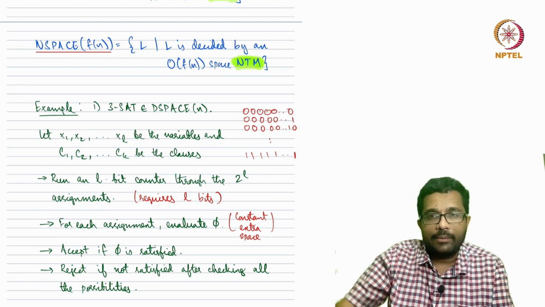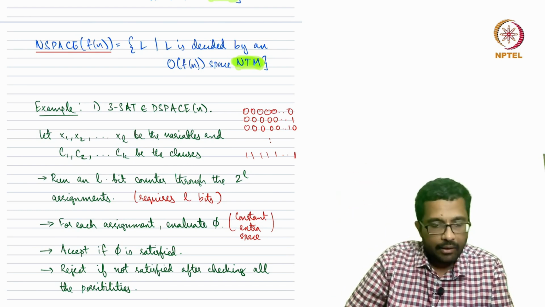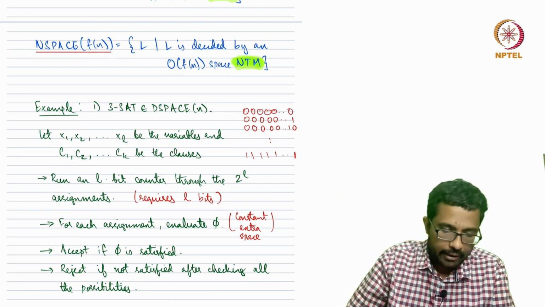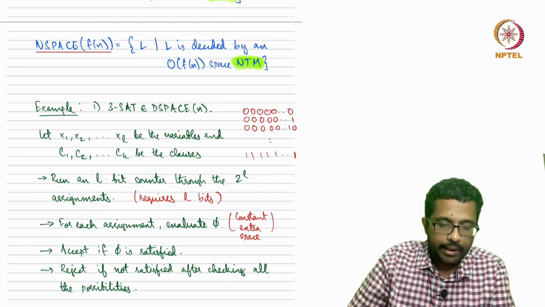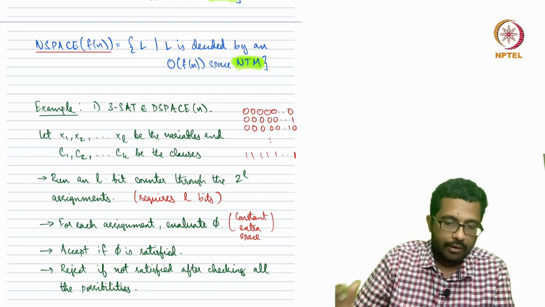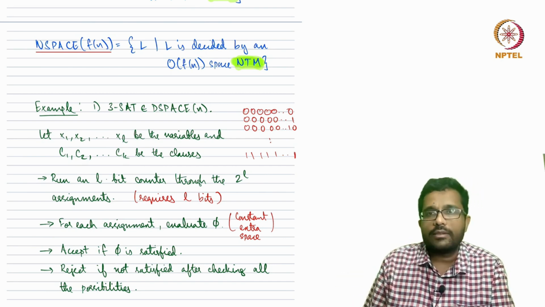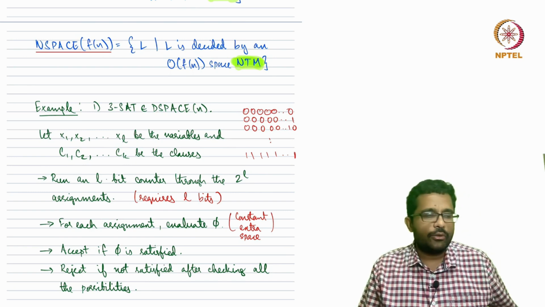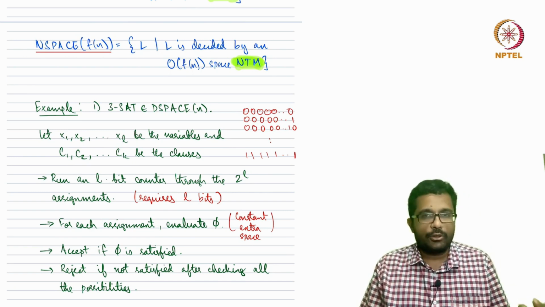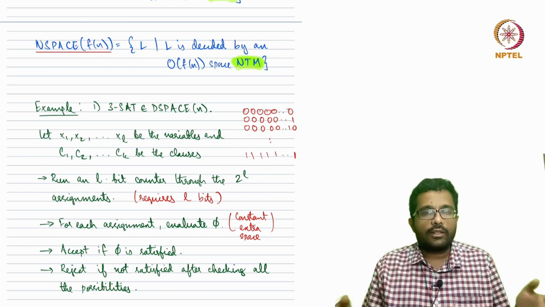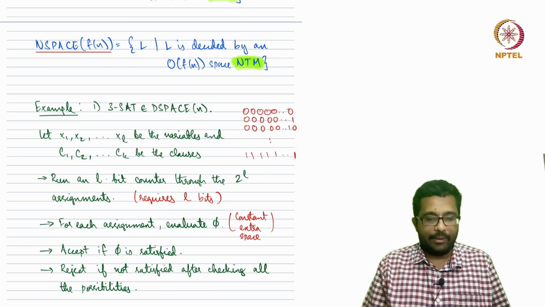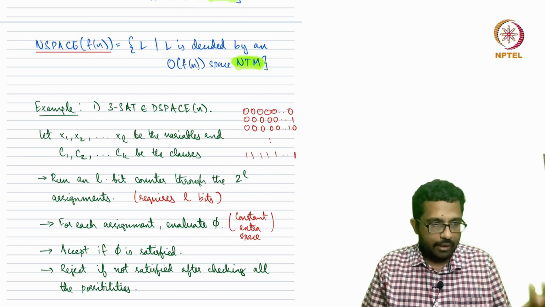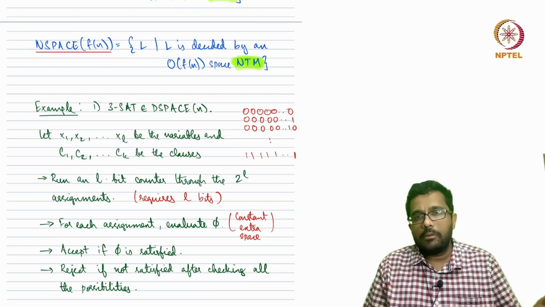So there are 2 to the power L assignments that the counter cycles through, and for each assignment we just evaluate the formula. So let's say for all zeros we just substitute all zeros in the formula and see what it evaluates to. It's fairly straightforward, right? Each clause you evaluate whether it's true or false. If all the clauses are true, we say the formula is satisfied. If any clause is not true, we say the formula is not satisfied.